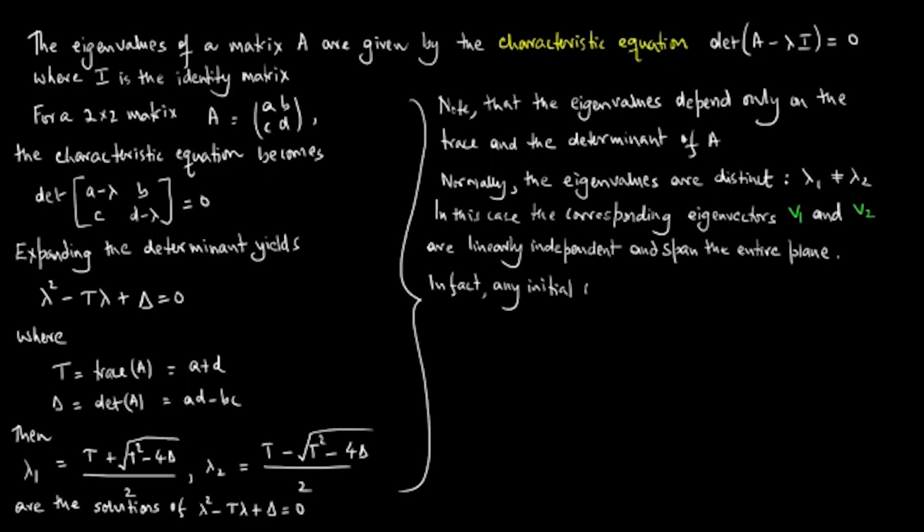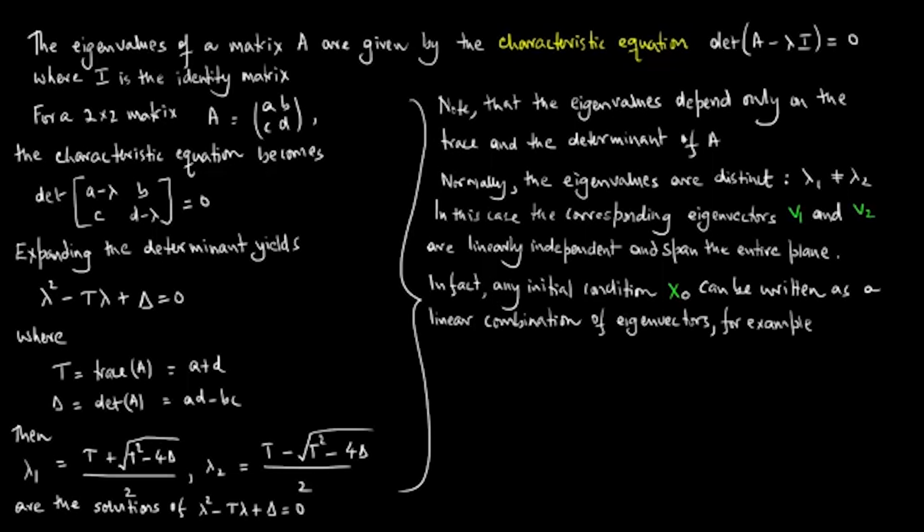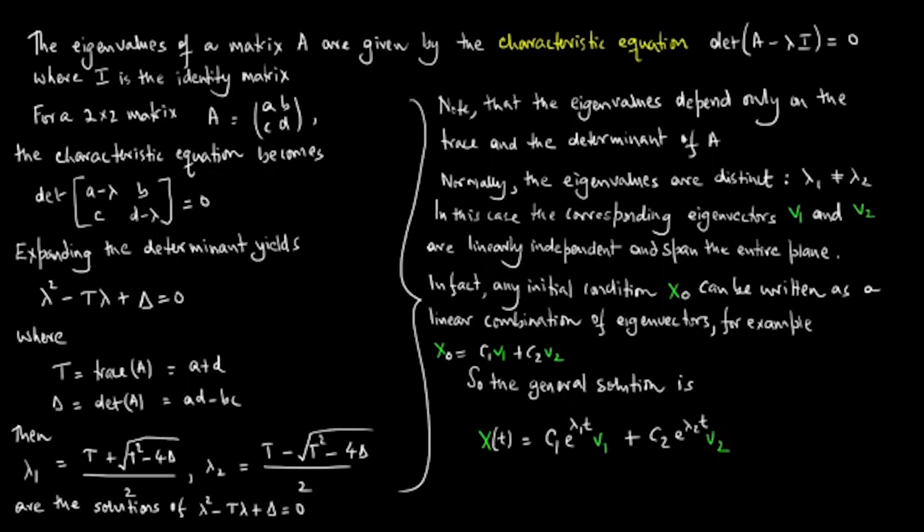In fact, any initial condition x naught can be written as a linear combination of eigenvectors. For example, x naught is equal to c1 v1 plus c2 v2. So the general solution is x of t is equal to c1 e to the lambda 1 t times v1 plus c2 e to the lambda 2 t times v2.